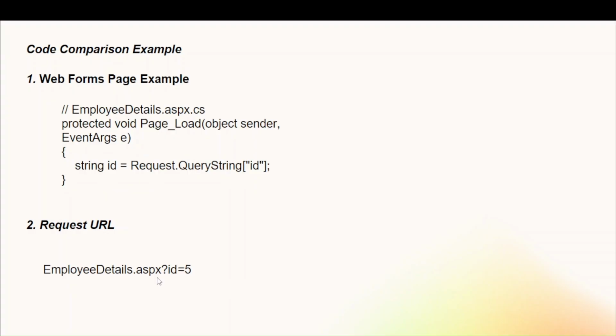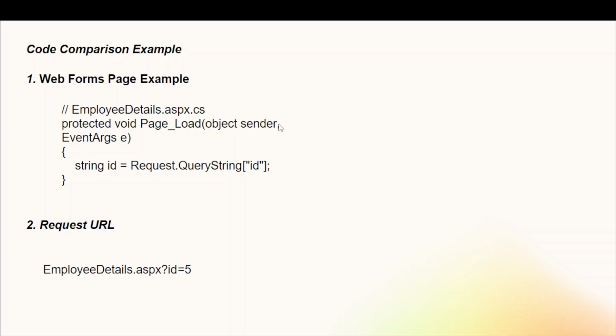Next, let's see the comparison with Web Forms. Here we can see the page name is EmployeeDetail.aspx.cs, where .cs means C sharp. Here the method is protected void Page_Load with object sender and EventArgs e. We are defining a string and passing it here, and this takes the id to further fetch the view data.